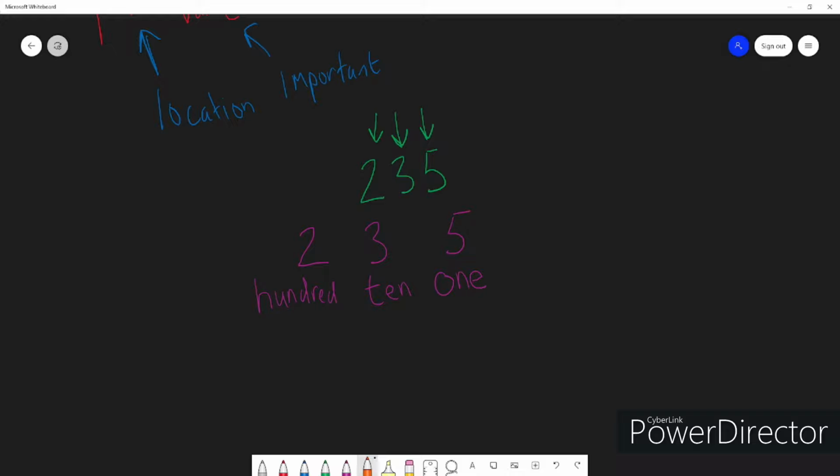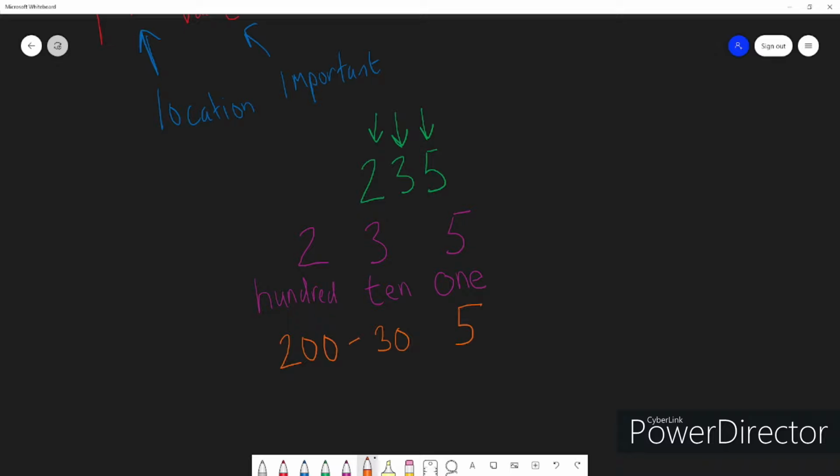The value we would see for something like 235 is that the value of 2 in its 100 position is 200. The value of the number 3 in its position or place value is 30. And finally, the value or importance of the 5 where it's located is the number 5.